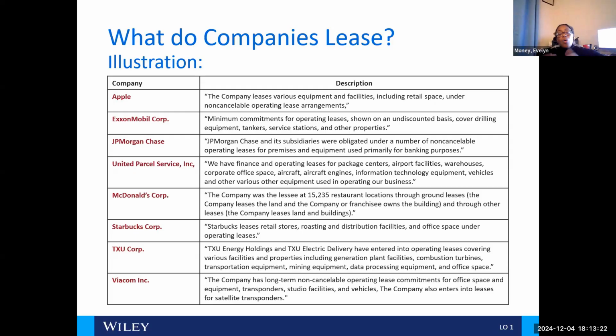And now it's a whole lot more clear for the users of the financial statements, because it's not necessarily about the asset itself from the lessee standpoint. It's about the right to use that asset. The lessee also has to show that lease liability on their balance sheet. So things have certainly been changed to make life easier for the users of the financial statements.